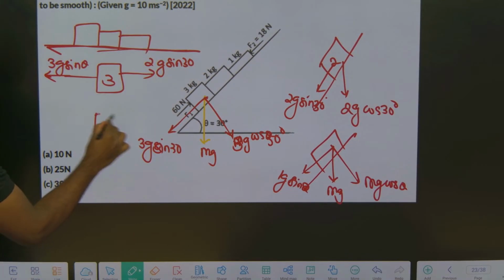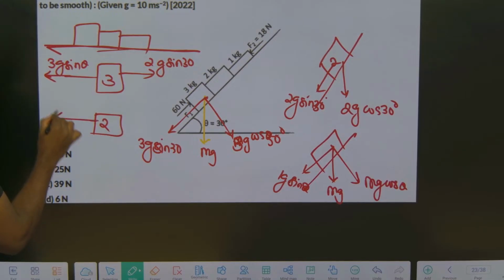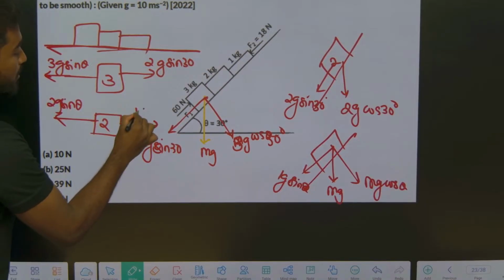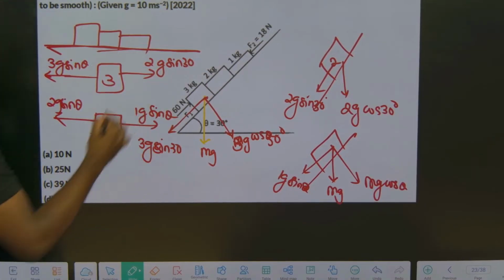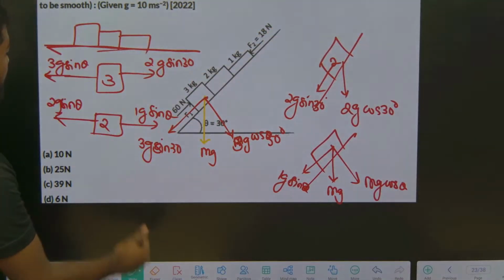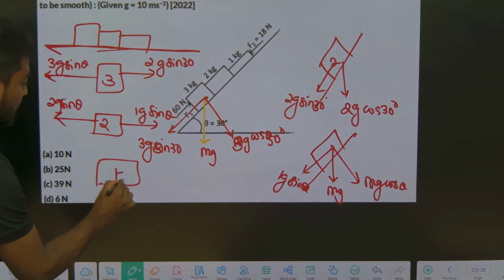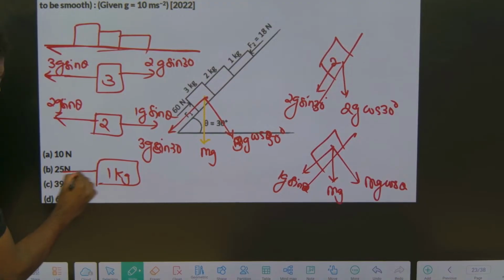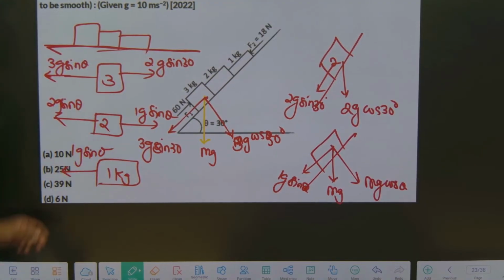For the 2 kg block, this is my 2g sin theta and this is 1g sin theta. Now they have asked what is the force between the 1 kg and 2 kg block. So the final thing, 1 kg block, this is my 1g sin theta. So these are the equations.